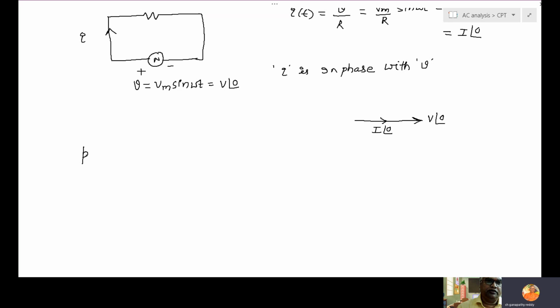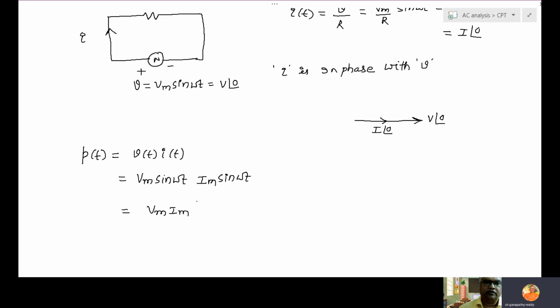Then mathematically, p(t) equal to v(t) into i(t), which is Vm sin omega t into Im sin omega t. This is equal to Vm Im sin square omega t.